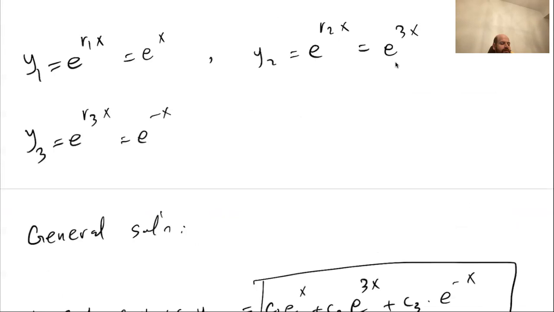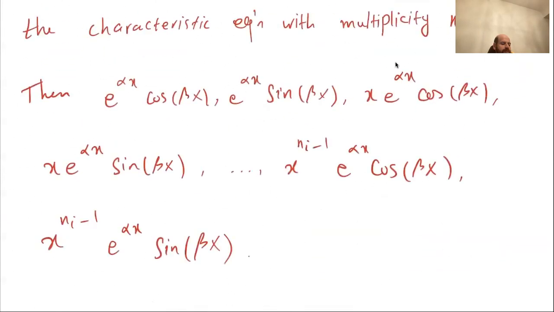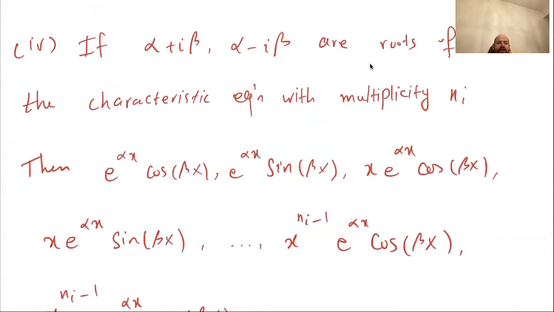Look at case 4: if you have alpha plus i beta and alpha minus i beta, here we have 0 plus i and 0 minus i, or i and minus i, with multiplicity 2, because each of them occurred with multiplicity 2.